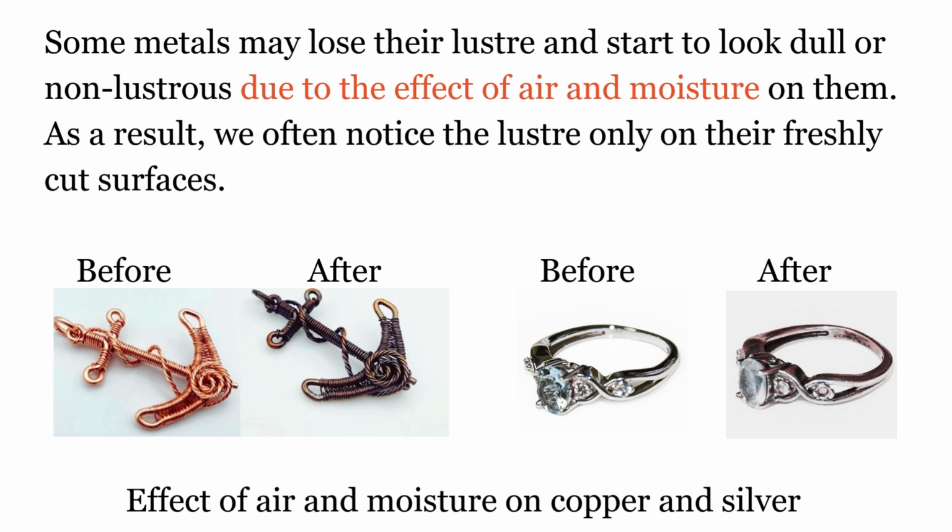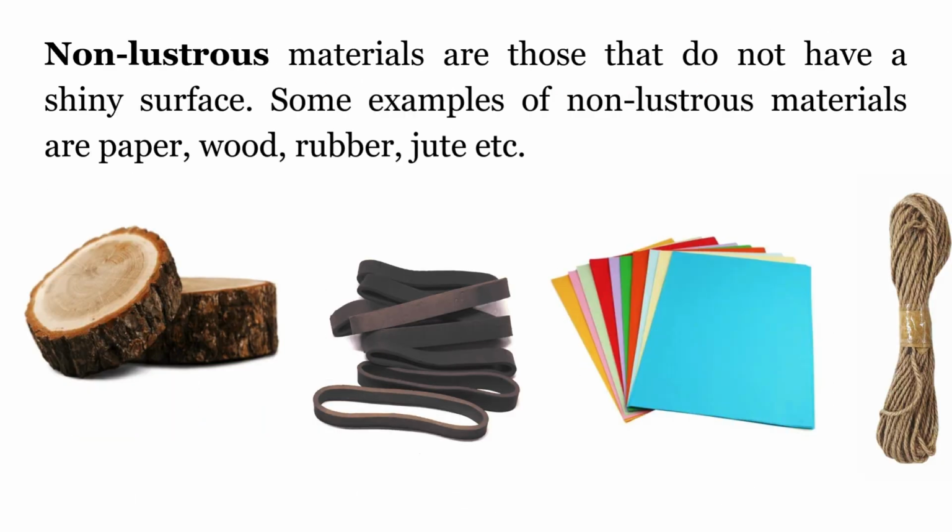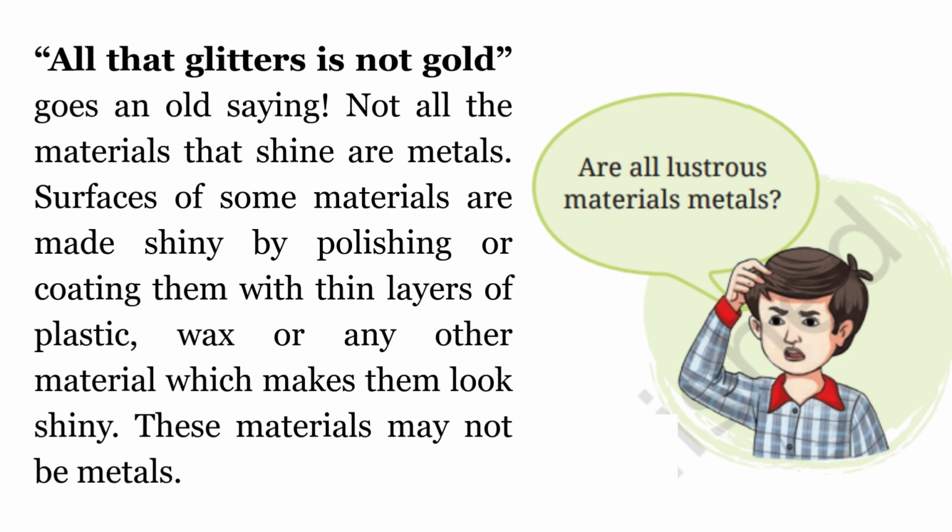As a result, we often notice the luster only on their freshly cut surfaces. So, non-lustrous materials are those that do not have a shiny surface. Some examples of non-lustrous materials are paper, wood, rubber, jute, etc.